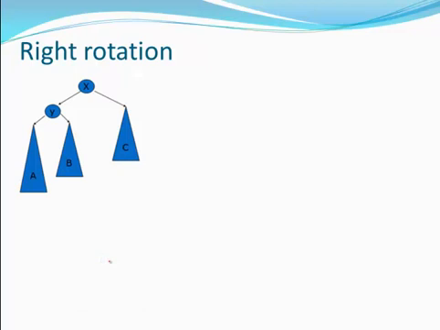You can think of a situation where you have a tree like this. Let's draw a tree here. Let's say we have 5 here, and maybe 3 here, 4 here, and 2, and 1. Then on this side we may have a tree which has 6. In fact, let's just say 6.